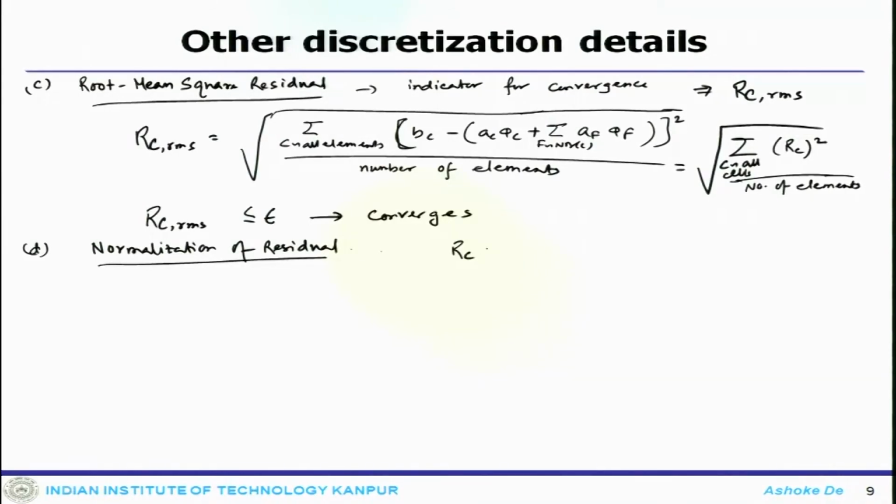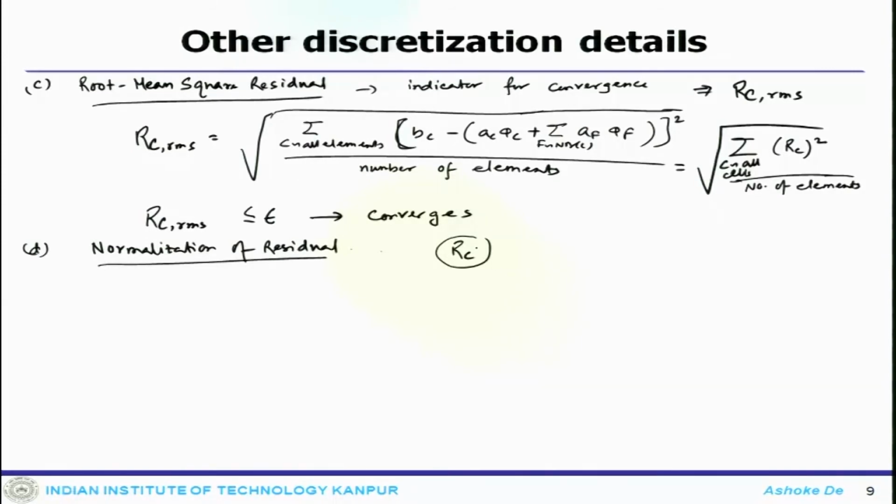This makes it too difficult, because if you have a multi-variable system or different degrees of freedom, let us say velocity or a scalar, they can lead to different values of RC. So, it is very difficult to put a criterion on whether it has converged or not. In such cases, it is better to gain insight through scaling the different residuals by dividing them by their respective maximum fluxes.